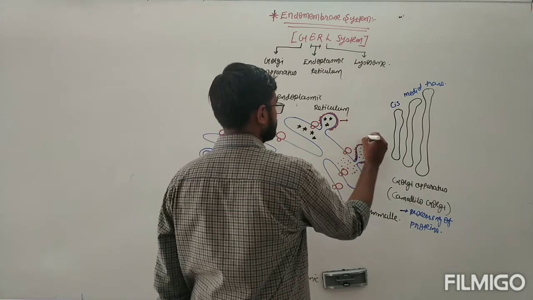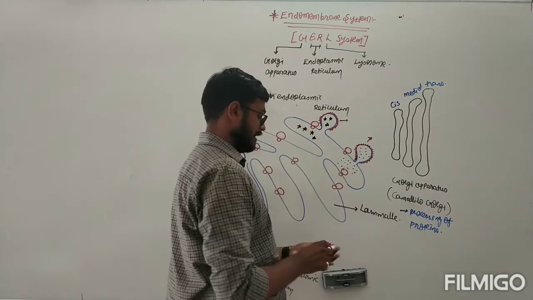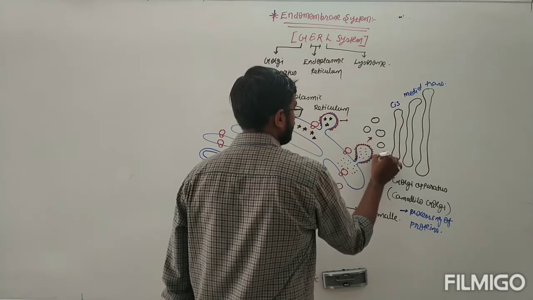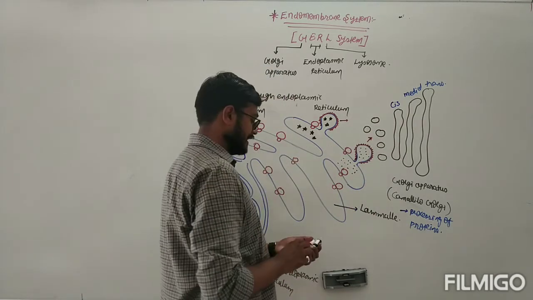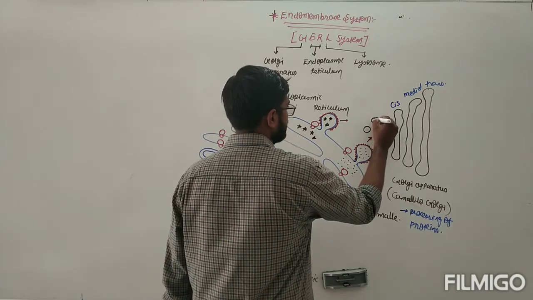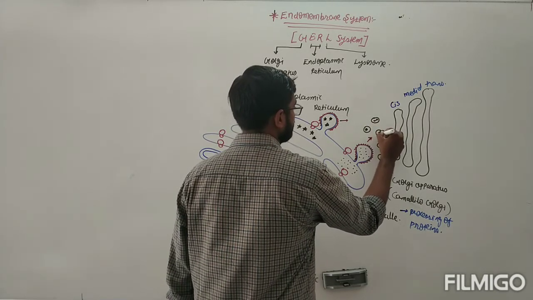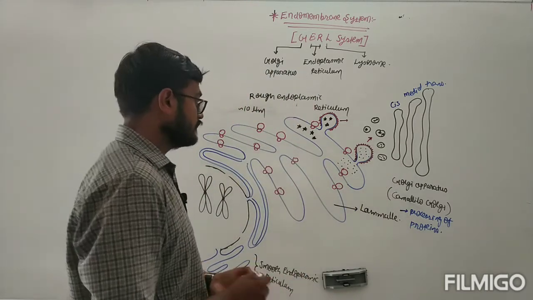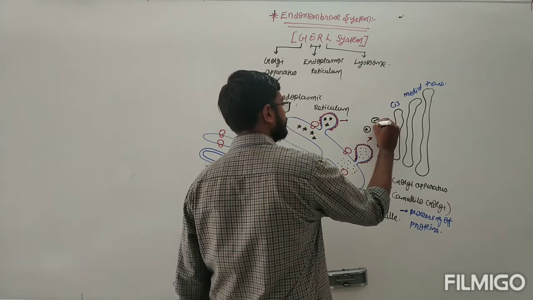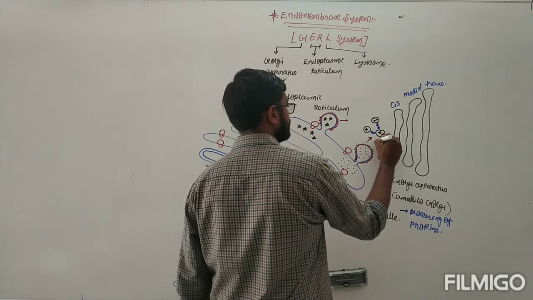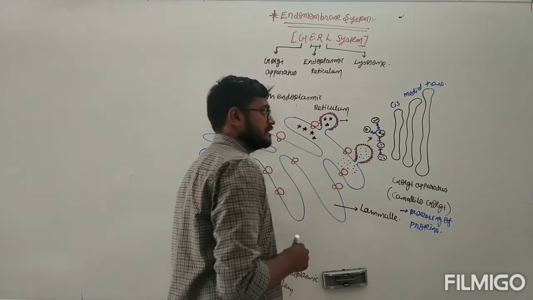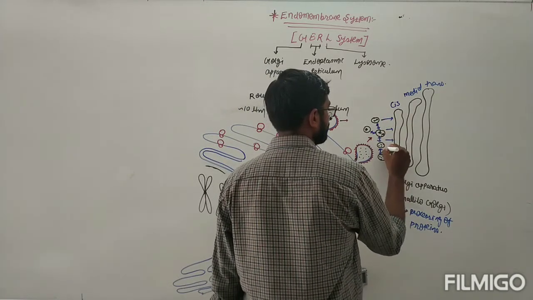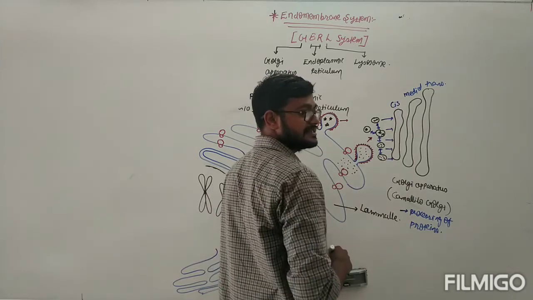These small vesicles are separated from the endoplasmic reticulum, each filled with different kinds of enzymes or proteins. These vesicles fuse with each other, and after the fusion, they convert into the first side of the Golgi apparatus, that is the cis face.